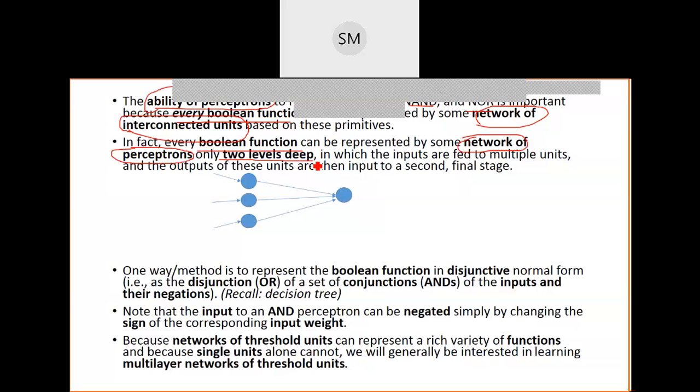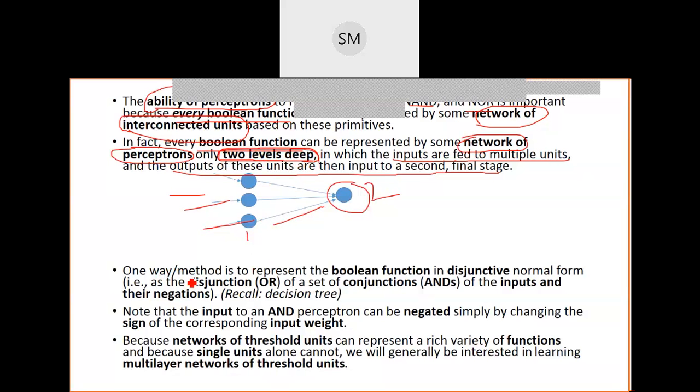The inputs are fed to multiple units, and the outputs of these units are again input to the second and final stage. This is the first stage and this is the second stage, so we are calling it a depth of 2, or two-level depth.